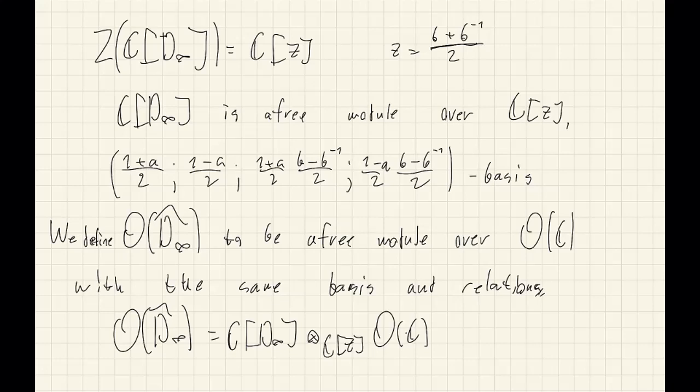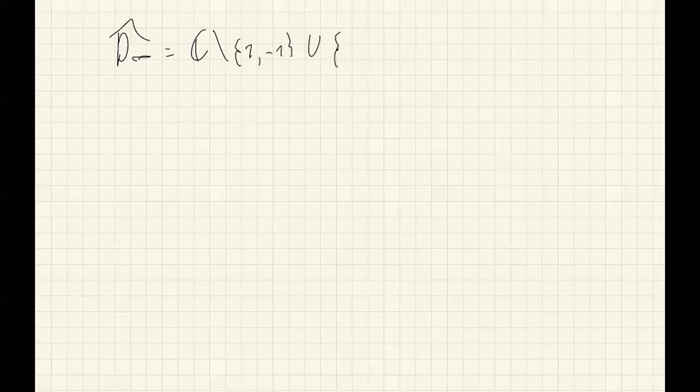for an arbitrary open subset, but here we should identify symmetric open subsets of the infinity with open subsets of complex numbers, but that is actually easy because we have the infinity hat is C without 1 and minus 1 with the set of characters.